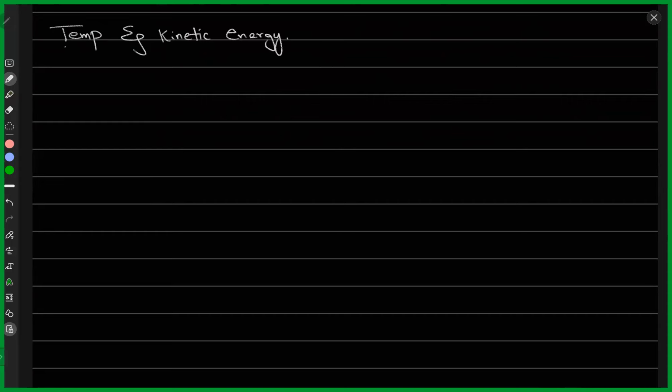Right? Okay, so really what happens is temperature is like a velocity. We all are familiar with this expression for kinetic energy, that it is given as half times mass times velocity squared, right?